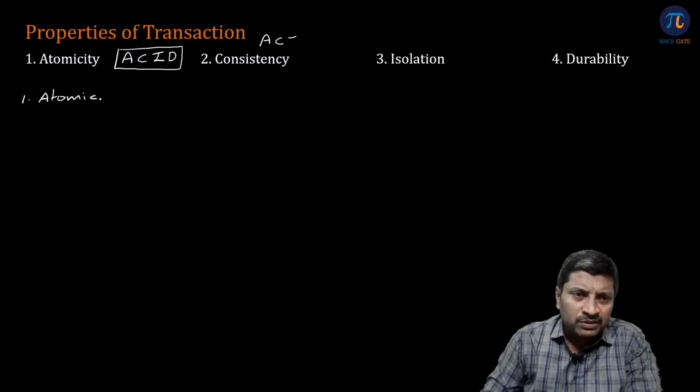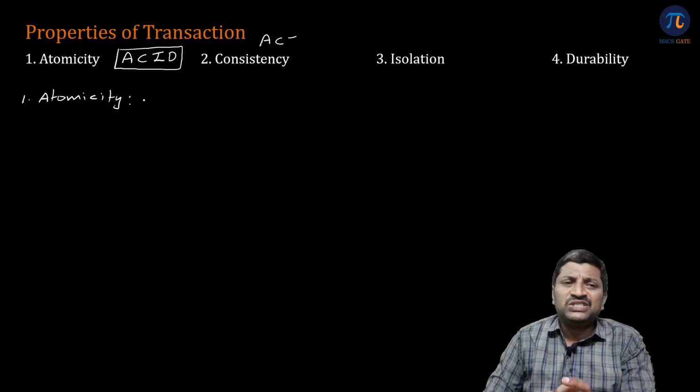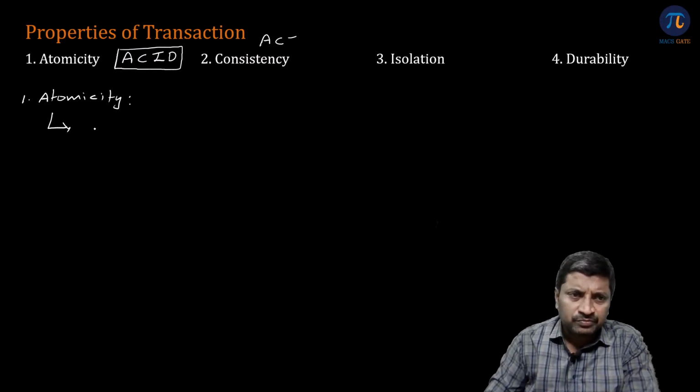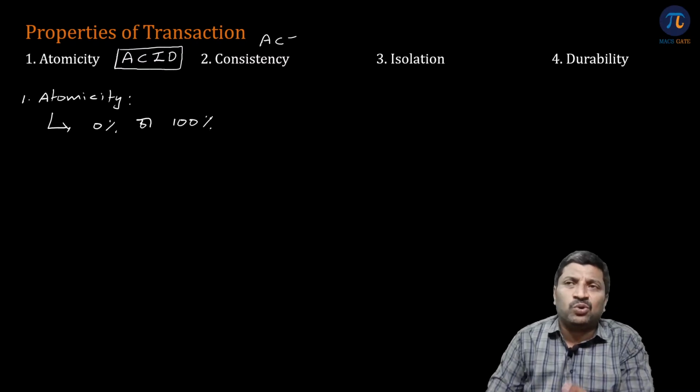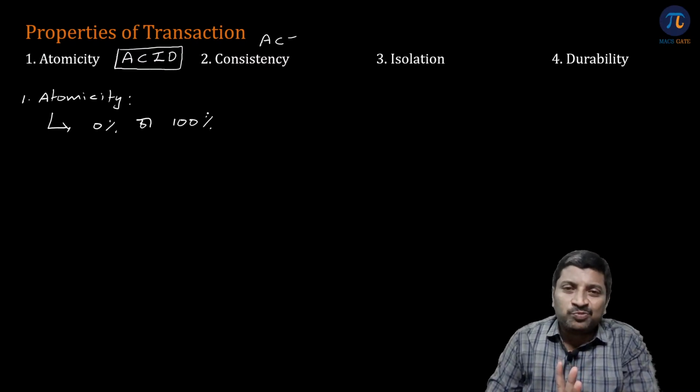So atomicity. What is atomicity? In simple words, either it is 0% or it is 100%. It should not be any other number in between 0 and 100. What does it mean?